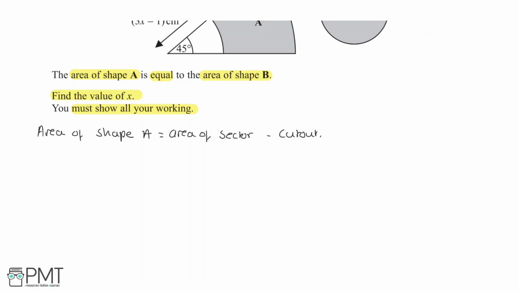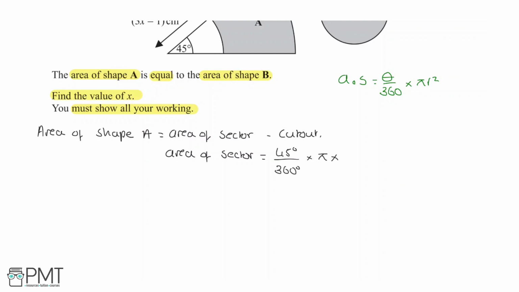Okay, so let's first start by finding the area of sector. And the formula for the area of sector, I'm just going to denote it AOS, to save some time, is the angle divided by 360 times pi r squared. So this will be 45 degrees over 360 degrees times pi.